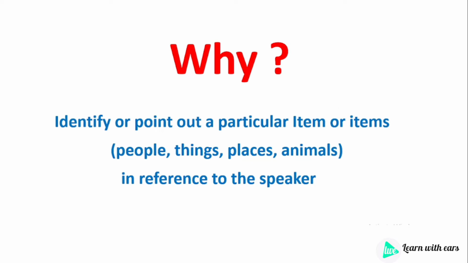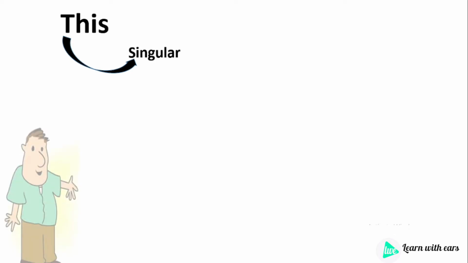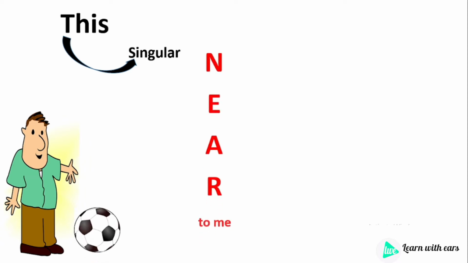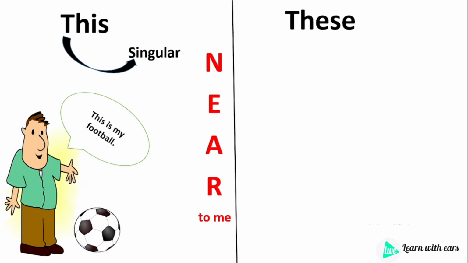Now let's understand in this way. This, we use this with singular nouns. Okay, here I have a football near to me. Okay, near to me. This is my football. These we use with plural nouns.